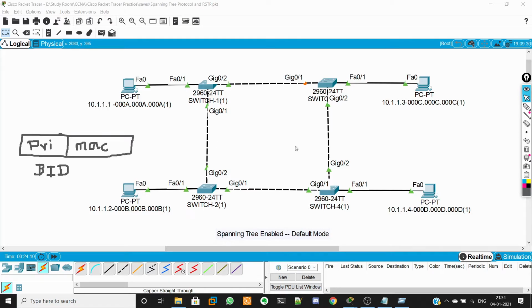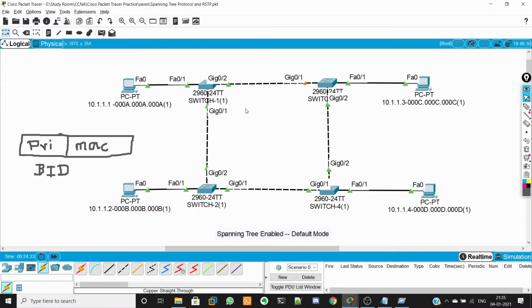In case two switches forward the BPDU with the same priority, it will look at the MAC address. As you know, the MAC address is unique in all the devices, so it's a tiebreaker. The lowest MAC ID will take the preference over the higher MAC address. This is how the switches elect their root switch.